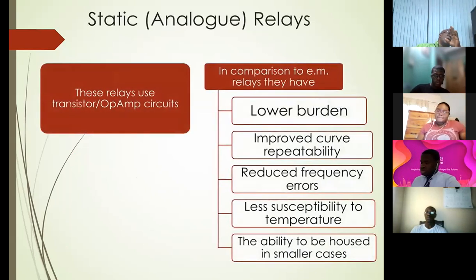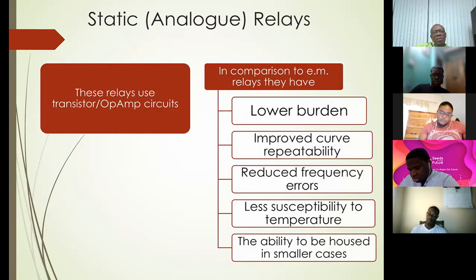So under static, we want to start firstly by referencing your analog relays. And these relays would use your transistor, your op-amp circuits.